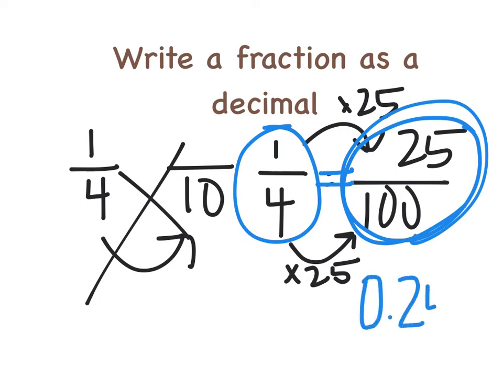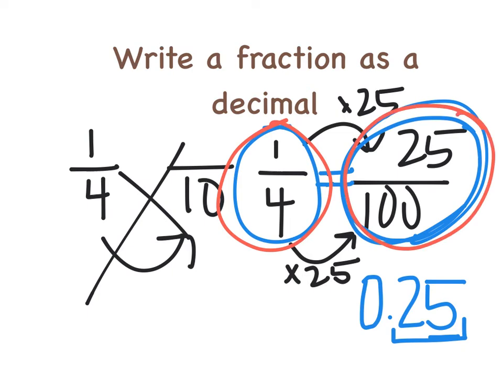When we read a decimal, you should have learned this in the past, wherever the number ends, that's the place value spot that you say aloud. Meaning I don't say 0.2 5 hundredths. I read this as 25, and since it ends in the hundredth spot, I say hundredths, 25 hundredths. So since 1/4 is equivalent to 25 hundredths as a fraction, I can write my answer as the decimal 0.25.